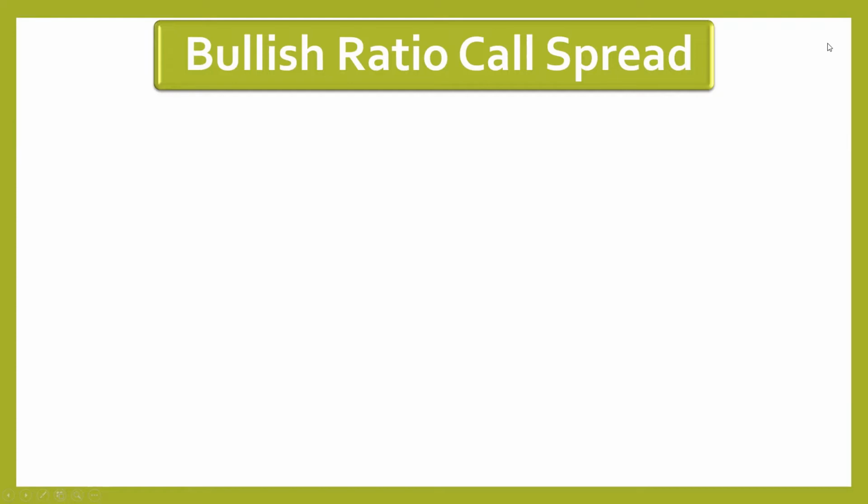So at any point of time, an underlying stock or market can have three directions: either neutral, bullish, or bearish.